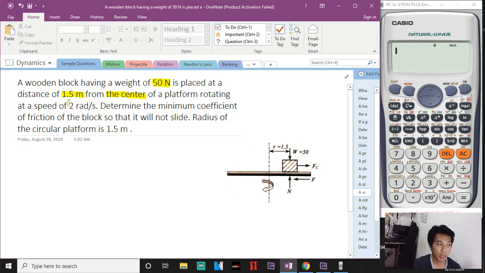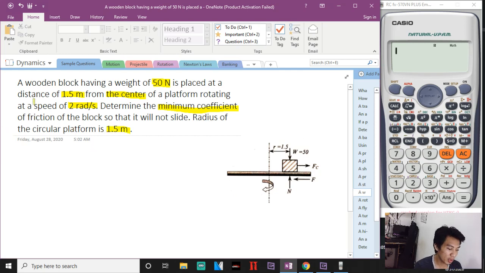Okay, rotating at a speed. Binigay niya is angular velocity. Okay, and then the minimum coefficient of friction daw of the block, determine natin kung ano daw yun. Okay? So, this is kinematics mixed with statics. Okay? So, the platform is 1.5 meters.